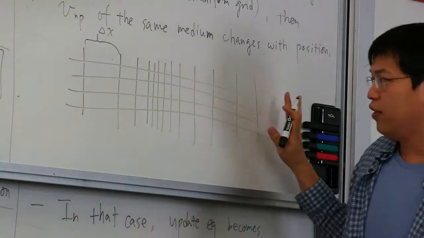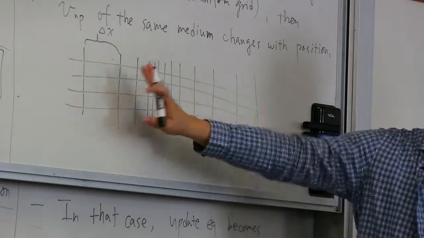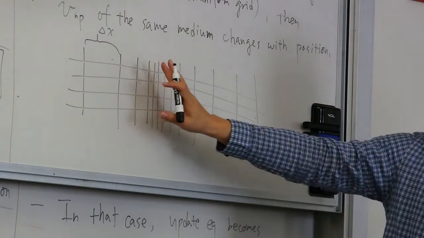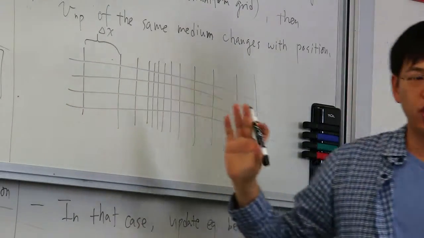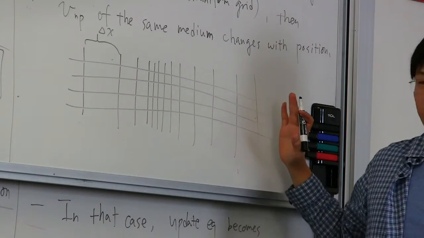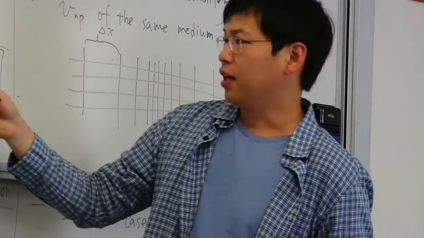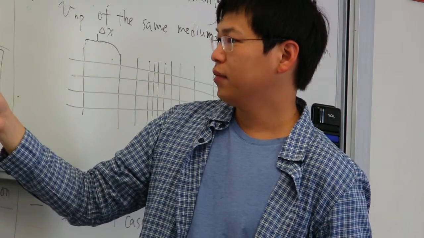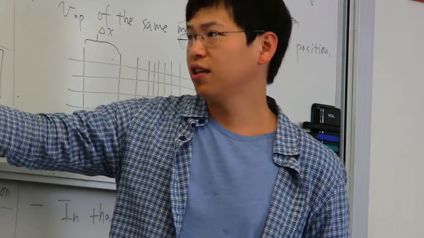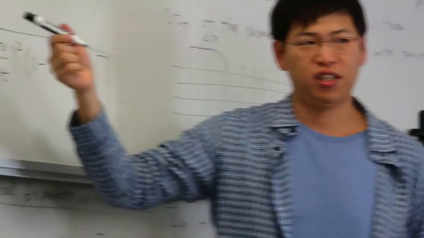Then, even if this entire space is filled with vacuum, and you are shining a monochromatic wave from left to right, because delta x changes, this numerical phase velocity changes.